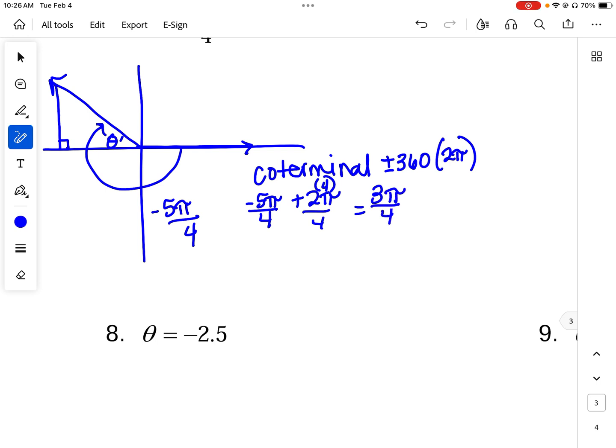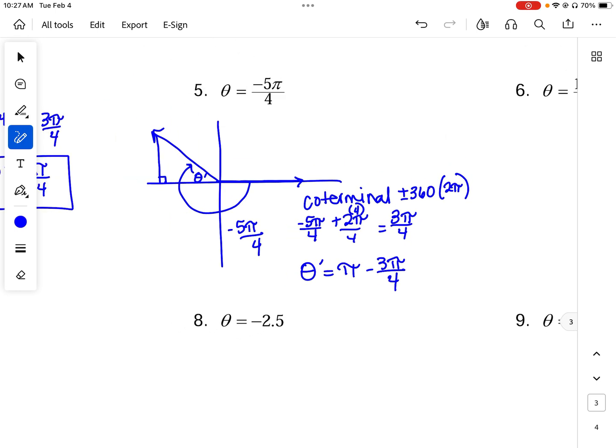Isn't that what we just got through doing on the last problem? So theta prime equals pi minus 3 pi over 4. We can say that that is 3 pi over 4.